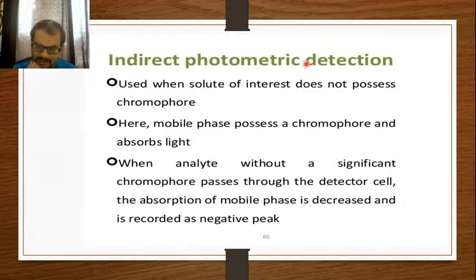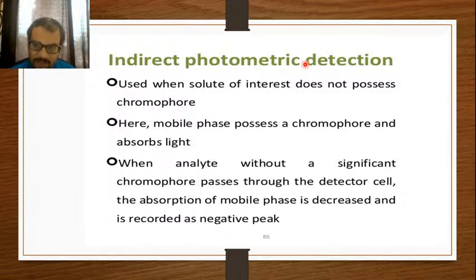If your solute of interest does not contain any chromophore, as we already discussed, chromophore is a functionality which absorbs the UV light and shows the excitation so that we can detect the compound. But if that compound does not contain any such functionalities, and your mobile phase is sensitive to the UV light, this is the type called indirect photometric detection.